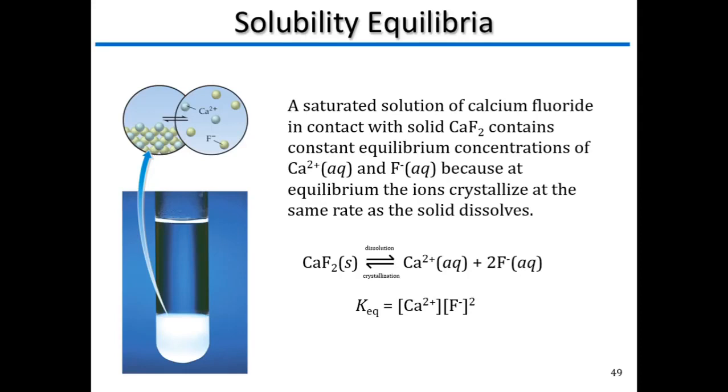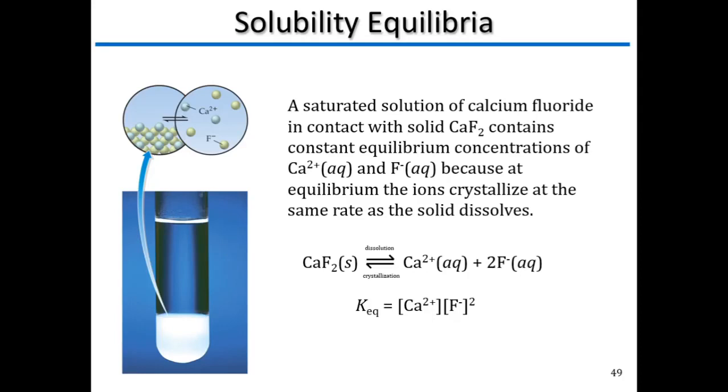Okay, so first of all, what is solubility? If we have a saturated solution, in this case of calcium fluoride, in contact with solid calcium fluoride, it contains constant equilibrium concentrations of Ca2+ and F-. This is because we have an equilibrium between the ions in the crystals and the ions in solution. In other words, we're constantly forming solid calcium fluoride, and we're also forming ions.